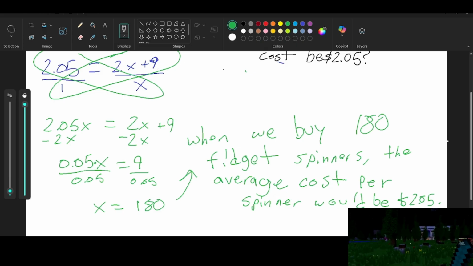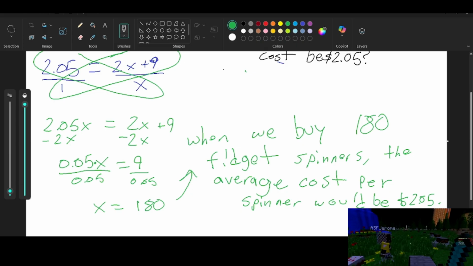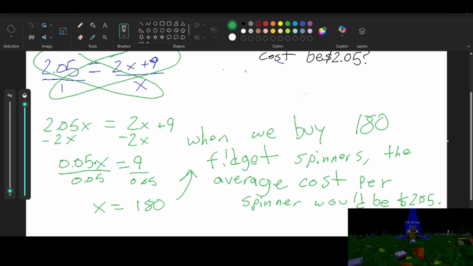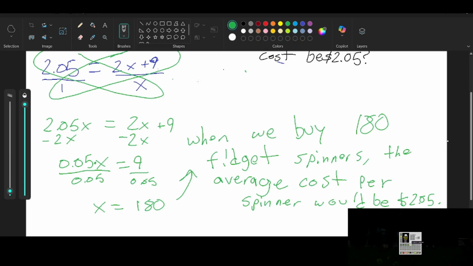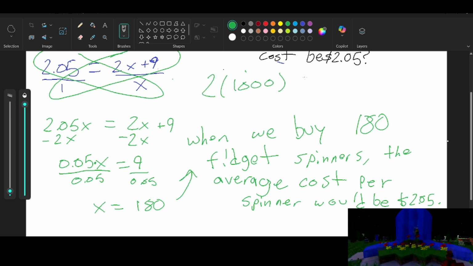We briefly talked about it during the class, but could I ever buy a certain amount of fidget spinners and it costs like a penny per fidget spinner? The answer is no, because this function 2x plus 9 over x has a horizontal asymptote at 2. Because if I bought 1,000 fidget spinners, right?